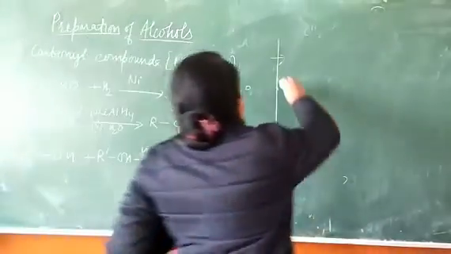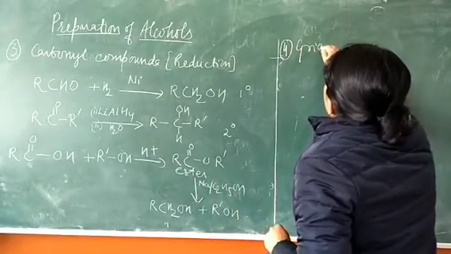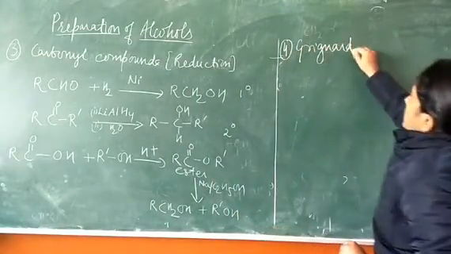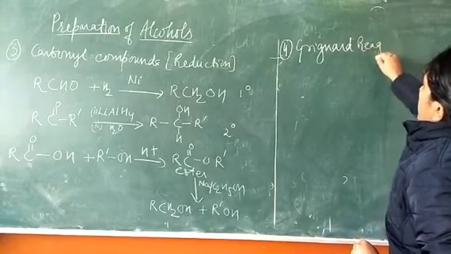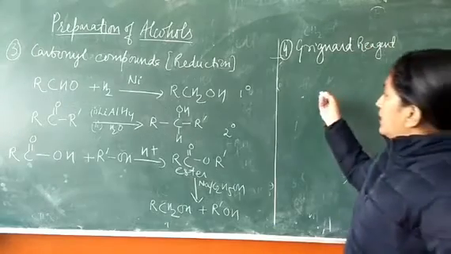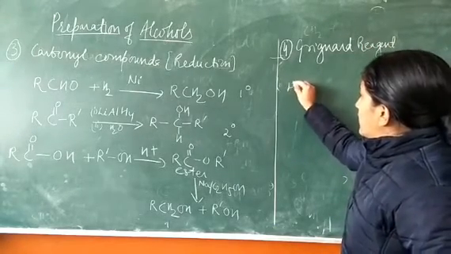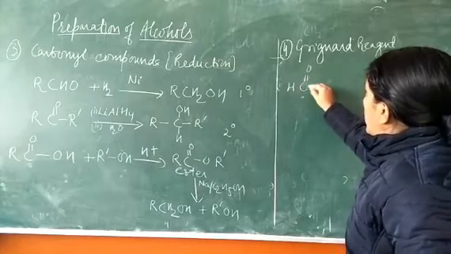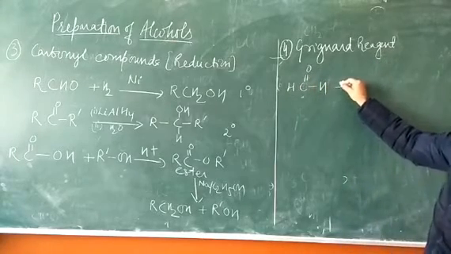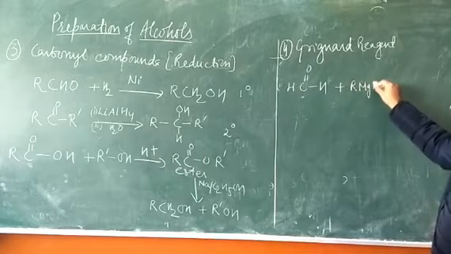Now the next method is from Grignard reagent. Next we can obtain alcohol from Grignard reagent. Let us first take the aldehyde formaldehyde, HCHO. The Grignard reagent is RMgBr.